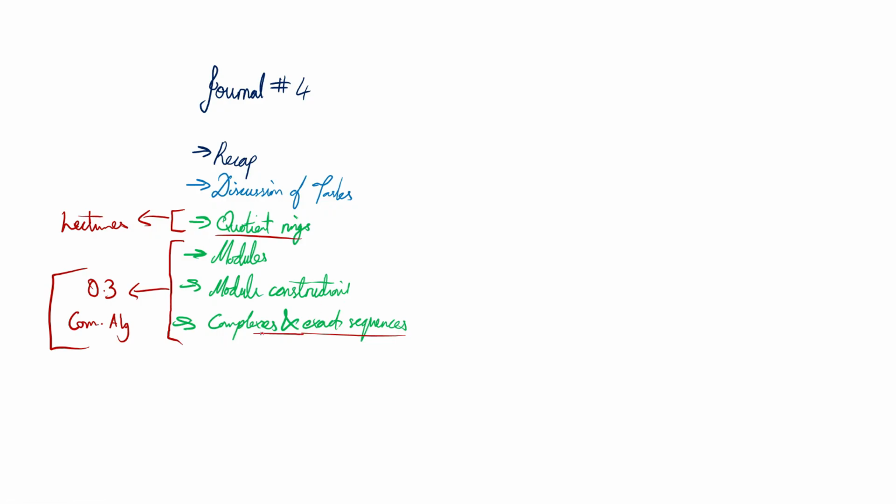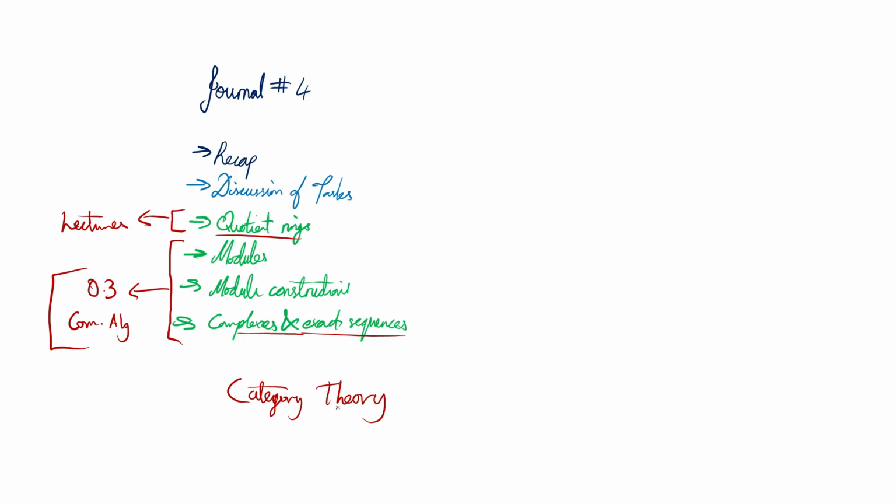I find it fun, mostly because my master's project was mostly on category theory and how you can define a very important tool within scheme theory, or, well, within homological algebra, but scheme theory uses homology a lot.